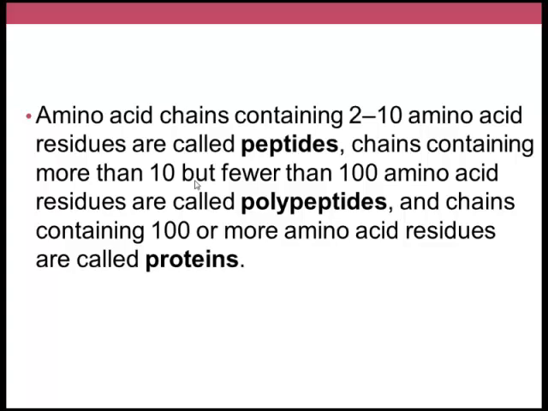So the definitions of peptides, polypeptides, and proteins are the same idea, a combination of amino acids, but what makes the difference, and makes me call this a peptide, this a polypeptide and this a protein, is the number of amino acids that form that chain. From 2 to 10 it is a peptide, from 10 to 99 it is a polypeptide, from 100 and above it is a protein.